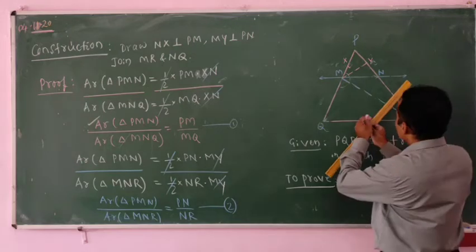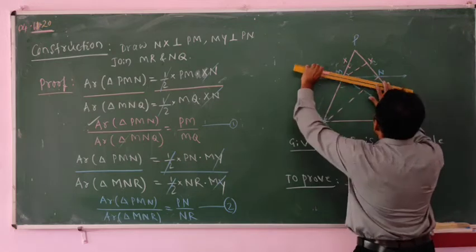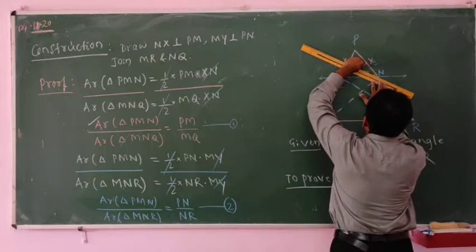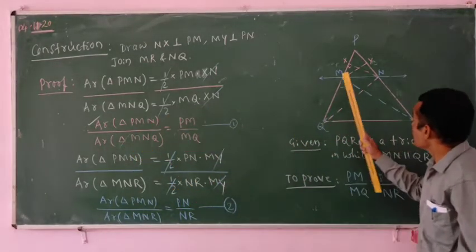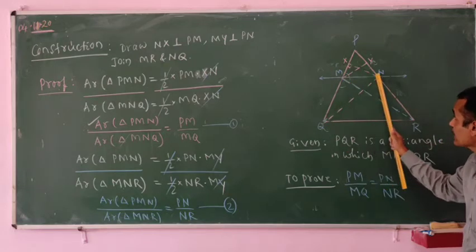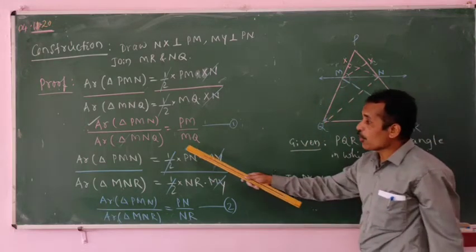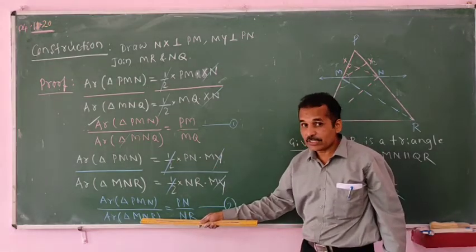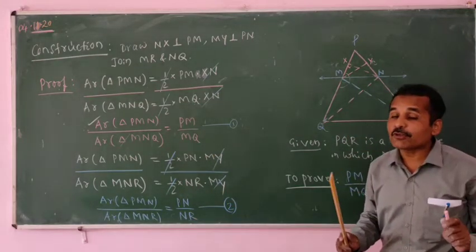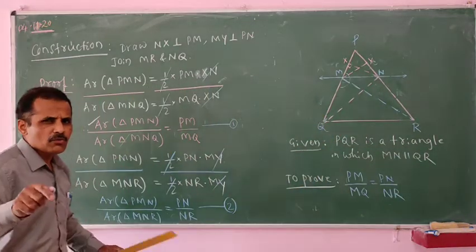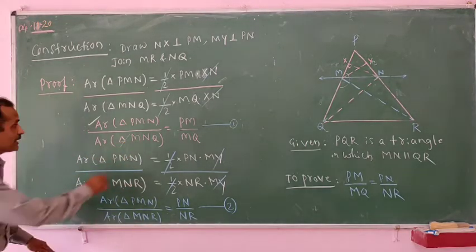Now I bring back the construction as it originally was. Both triangles are there, my construction has come back. Yes, now look, the denominators are different. What is one denominator? MNQ, this triangle is MNQ, and the other one is MNR. Both denominators are different. If these two were the same, I would cancel the LHS and PM by MQ is equal to PN by NR, that would have been the end of the problem. Now somehow we have to prove that these two areas are equal, this denominator and this denominator, so that I can cancel these two.